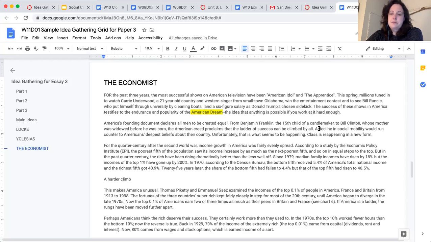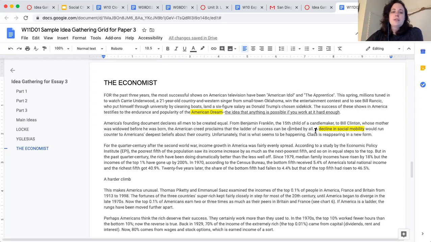Unfortunately, that is what seems to be happening. Class is reappearing in a new form. So I'm going to say this decline in social mobility is what jumps out at me. Even though it says that would be bad, they then say that's what appears to be happening. So what we've got is this decline in social mobility, and that's what's happening right now.